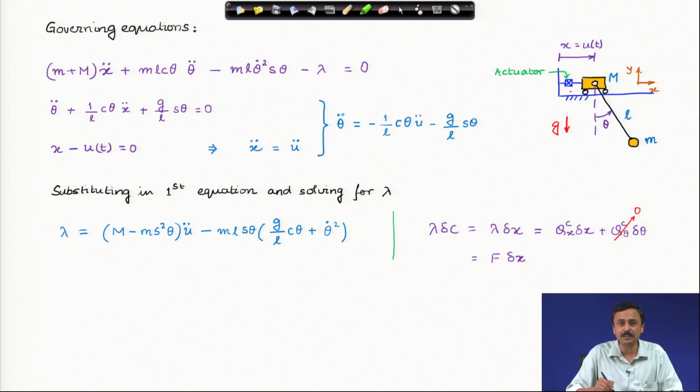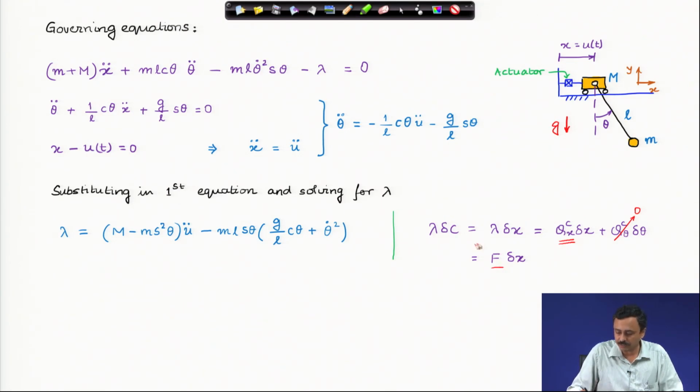When I put back the constraint, the actuator force has to maintain that x coordinate as u of t, some given function. Therefore, this lambda times delta c, which is work done by the constraint forces, must be equal to f times delta x, which means our Q_c,x must be f, the actuator force.